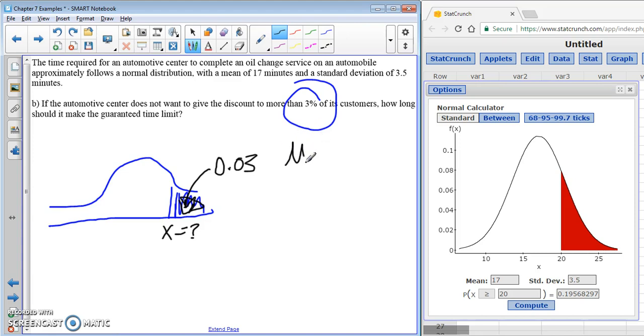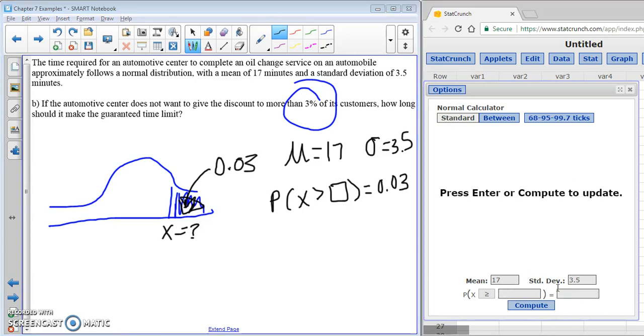So our mean is again still 17. Our standard deviation is 3.5. We're looking for the probability that X is greater than some value would give us that area, or the probability of the percentage of 0.03.